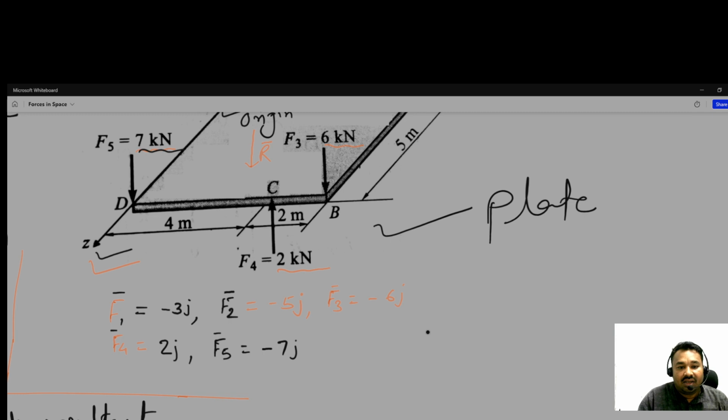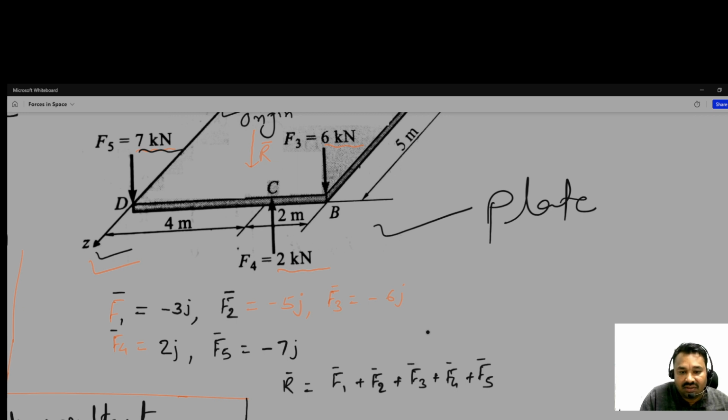Okay. So from here we can get the resultant, means it is the sum of the forces. So it is F1, F2, F3, F4 plus F5 in vector form.